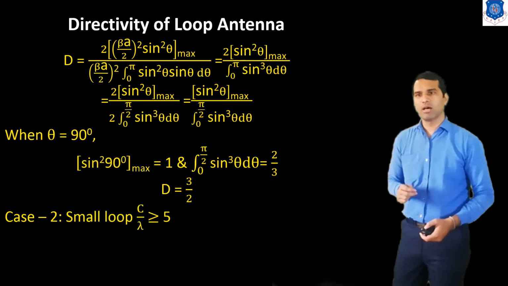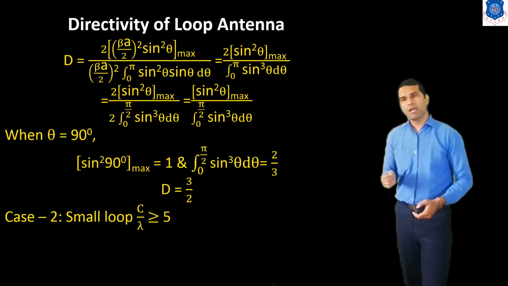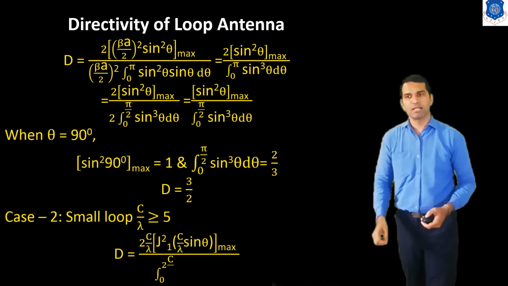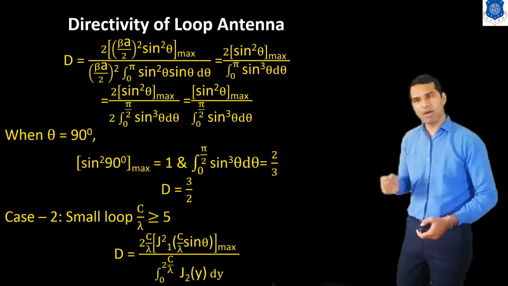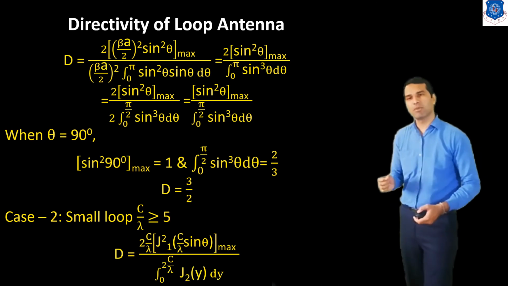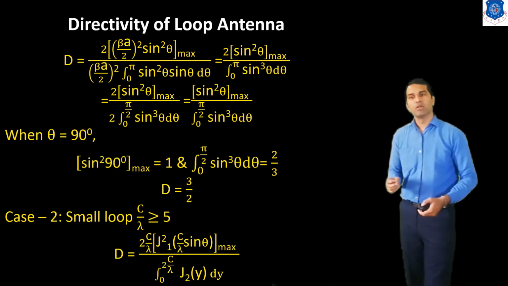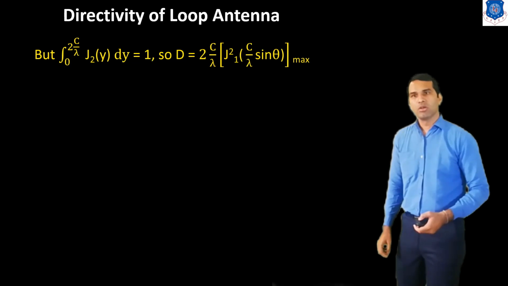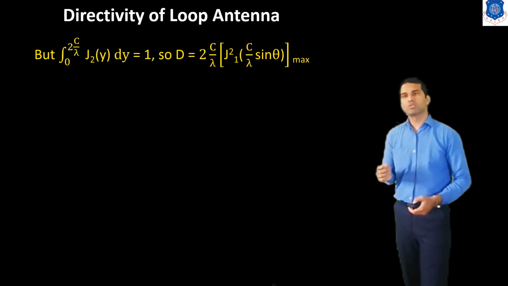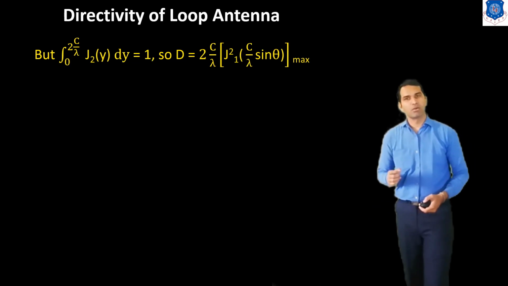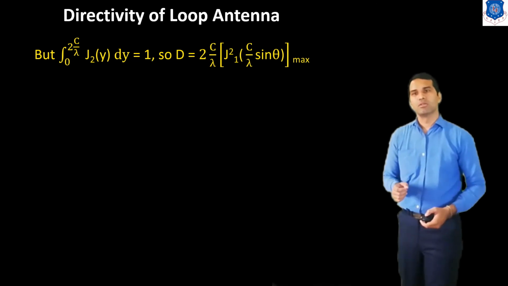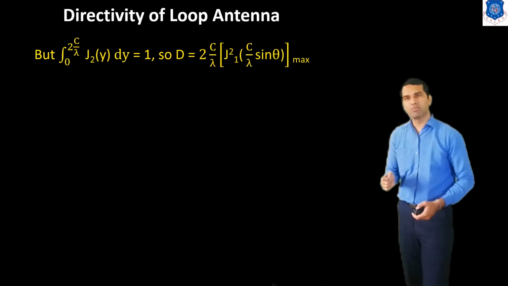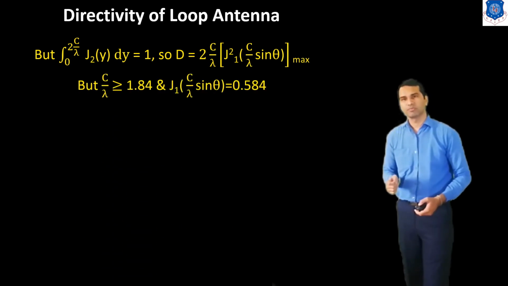Now we consider the second case, for C by lambda greater than or equal to 5. The equation we can write is D is equal to 2 C by lambda J1 square C by lambda sin theta maximum, 0 to 2 C by lambda J2 y dy. But we know that 0 to 2 C by lambda J2 y dy is equal to 1. And so we can write that D is equal to 2 C by lambda J1 square C by lambda sin theta maximum.